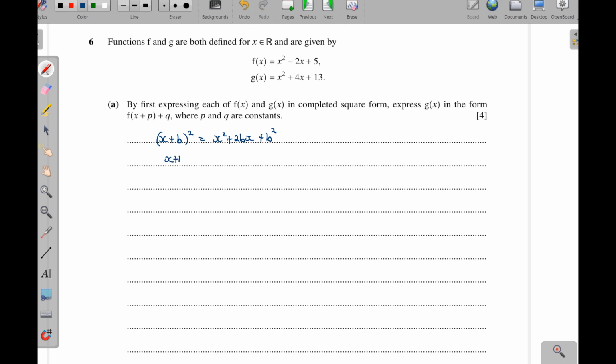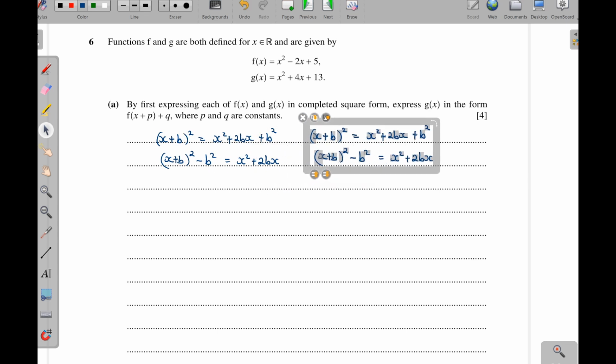That will be x plus b squared, then minus the b squared, which is equal to x squared then plus 2bx. This is going to be the same thing when we put a minus here. So if we have x minus b, so when you say 2 times x times minus b, then you get this one as a negative, right?